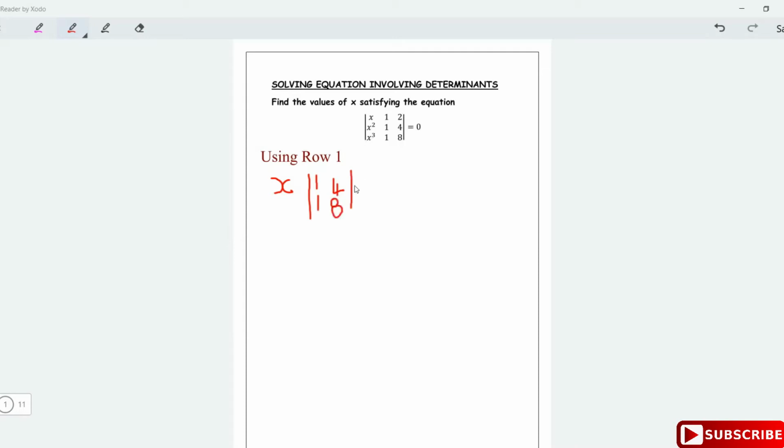And it's going to be minus 1 times the determinant, crossing out the row and the column with 1. That leaves x squared, 4, x cubed, 8.